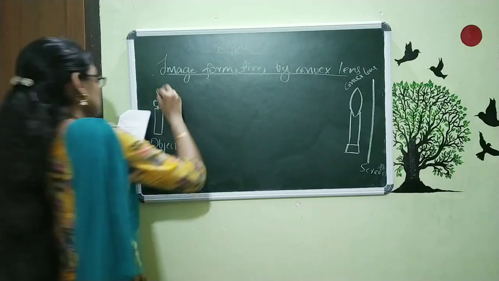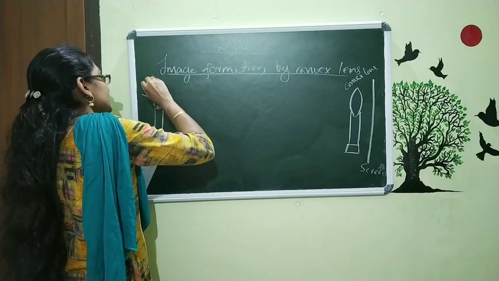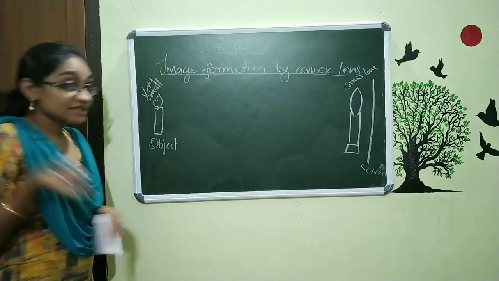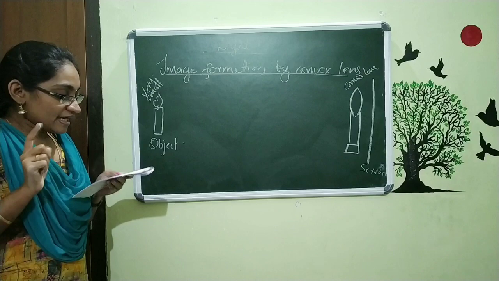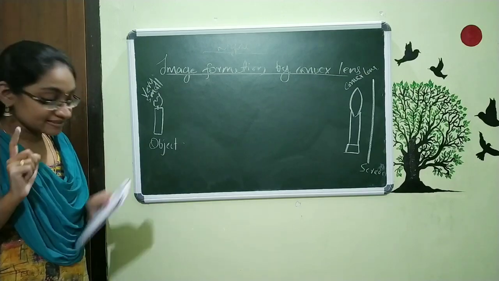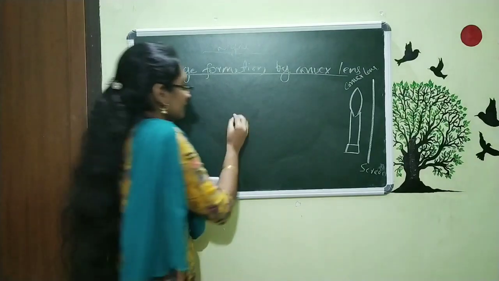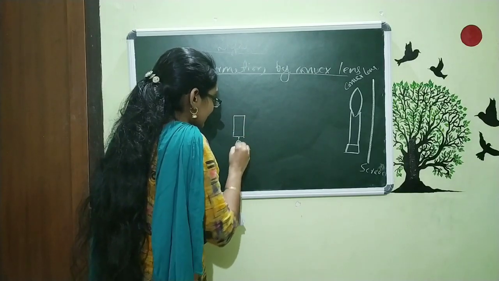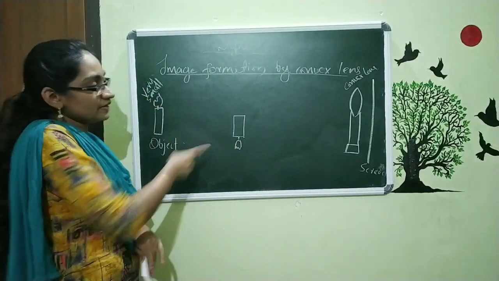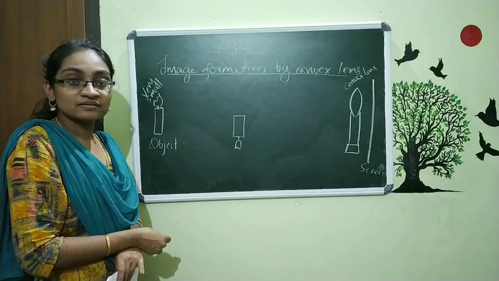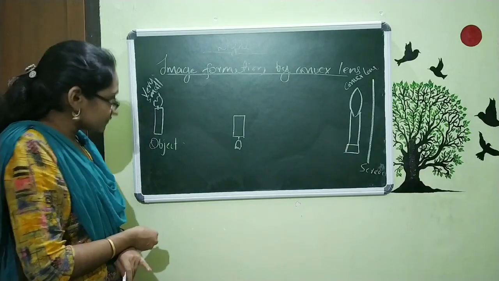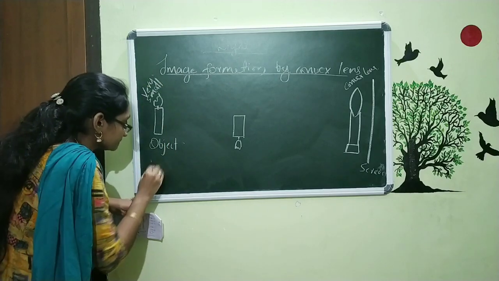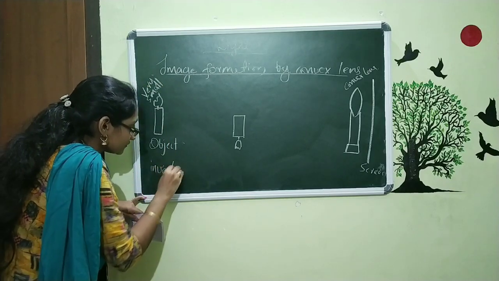Our image is very small, and we get the image on the screen like this. Is it erect or inverted? It is inverted. Very small and inverted.